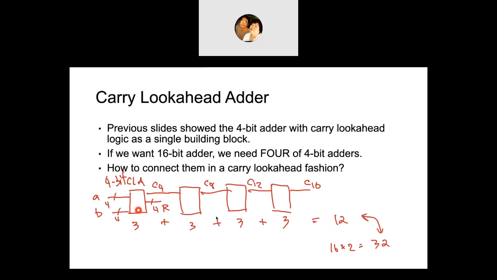If we have 4-bit carry lookahead adders, 4 of them connected the same way as we did in the ripple adder, and then we analyze, we know that it takes 12 gate delay.